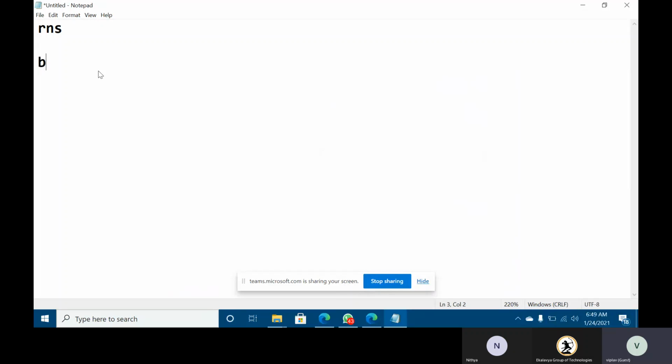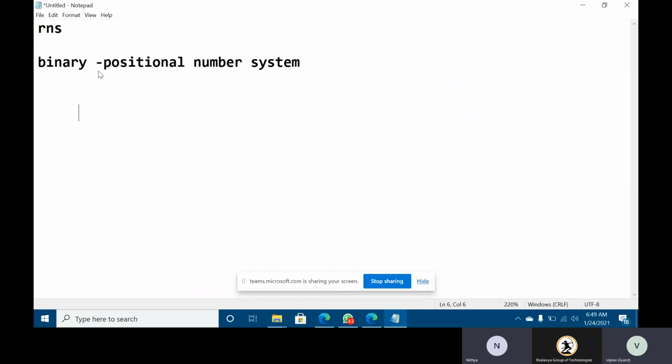The binary number system is called a position number system. Position in the sense we have 2 power 0, 2 power 1, 2 power 2, like that. So binary is nothing but a position number system.